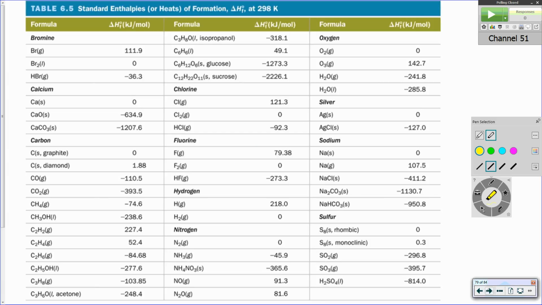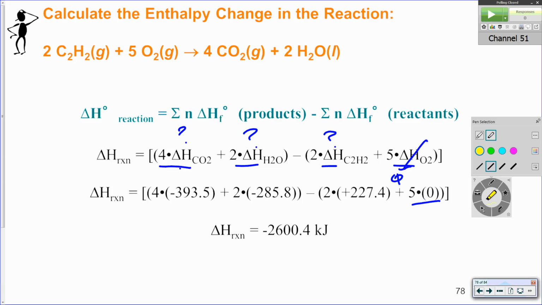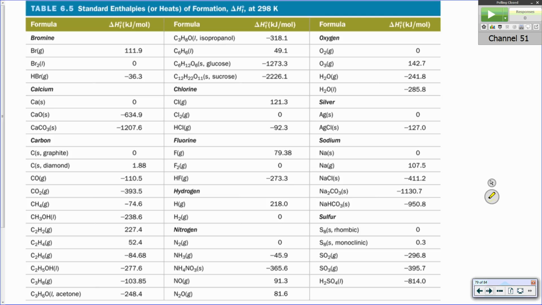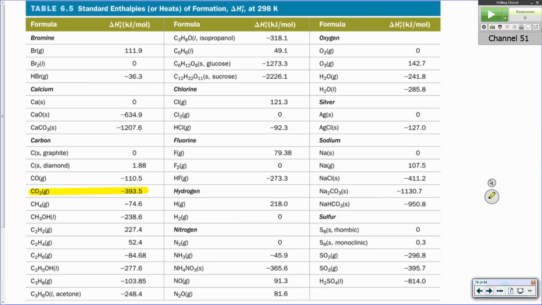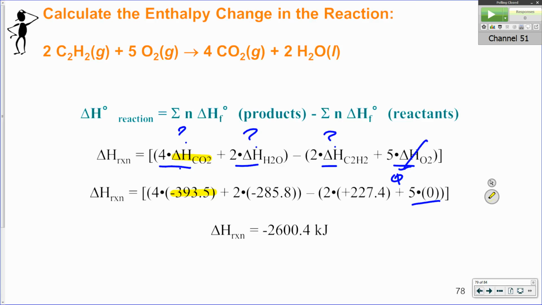All right, so I go find those things. The first thing I need to find is for the CO2. We just did the CO2, but I'll highlight it again for you on this table. So find carbon, CO2, it's the negative 393.5. So 4 times that one. The next is the water. We just did the water as well. So water was a negative 241.8.